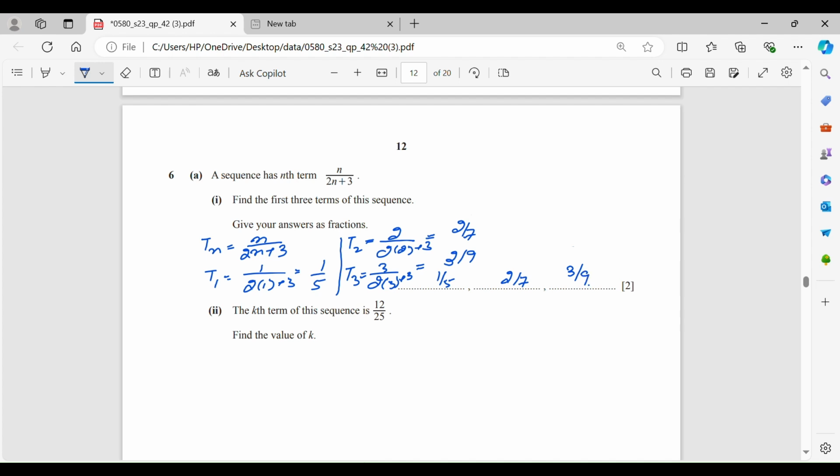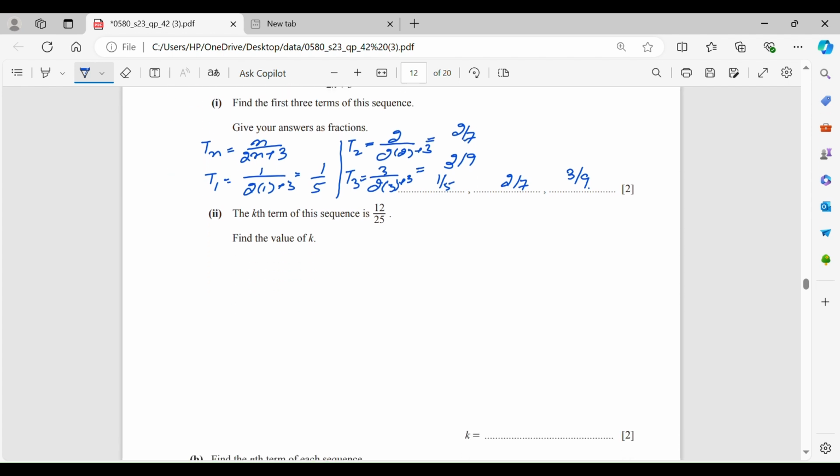Second part, the kth term of this sequence is this. Find the value of k. So we need to find the value of k. So the kth term, that means Tk, will be equal to k over 2k plus 3, which is equal to 12 by 25. So we will do the cross multiplication.